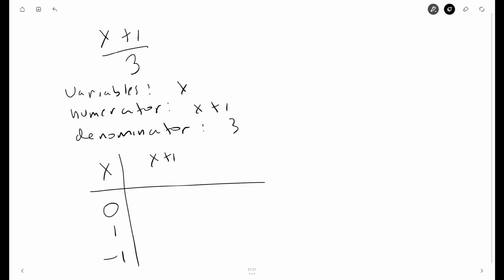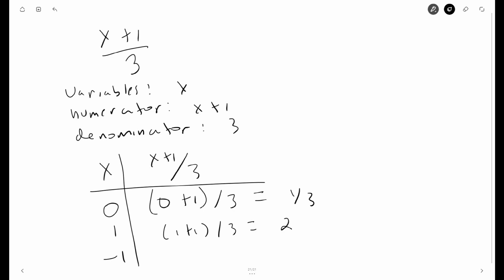So x plus 1 over 3 will be 0 plus 1 over 3, which is equal to 1/3, and then 1 plus 1 over 3, which is equal to 2 over 3, and then negative 1 plus 1 over 3, which is equal to 0 over 3.